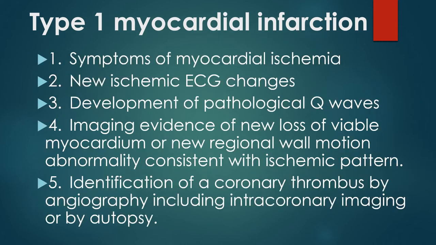Symptoms of myocardial ischemia. 2. New ischemic ECG changes. 3. Development of pathological Q waves. 4. Imaging evidence of new loss of viable myocardium or regional wall motion abnormality consistent with ischemic pattern. 5. Identification of a coronary thrombus by angiography, including intracoronary imaging, or by autopsy.